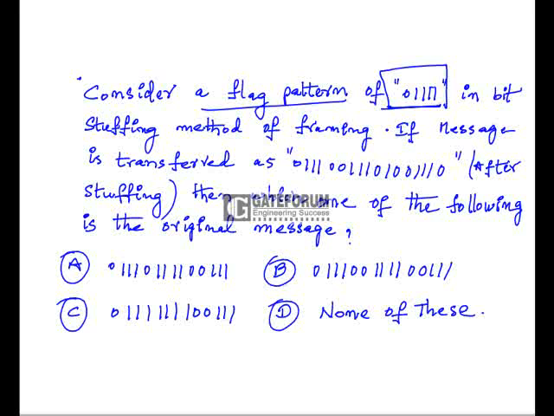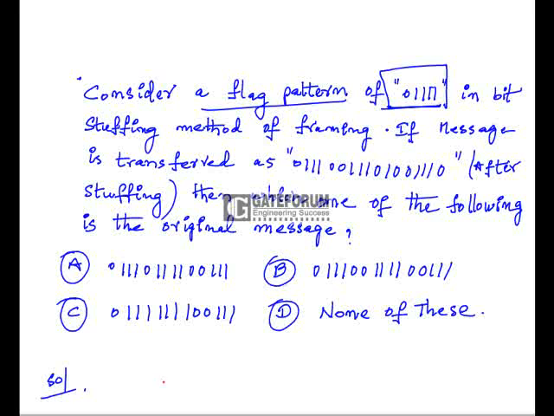That means if there are n consecutive ones, after every n minus 1 consecutive ones we have to stuff a 0. The destination will destuff all the bits so that the original message is delivered, and there is no confusion of the frame delimiters regarding the occurrence of the flag pattern in the middle of the data.